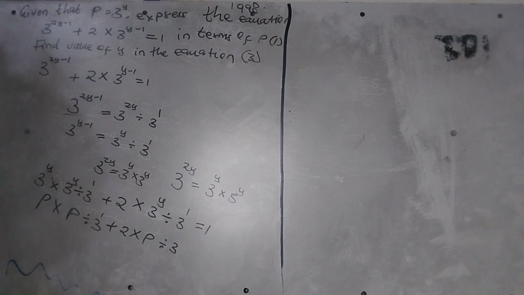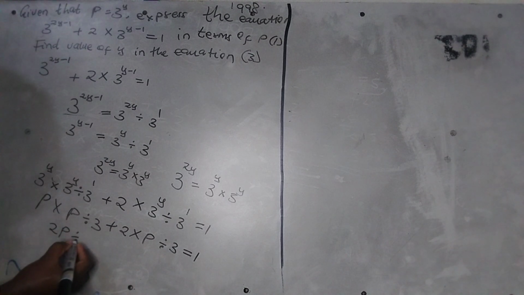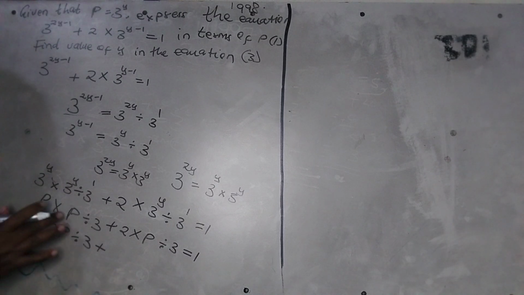3 to power 1: once you key in 3 to power 1 in your calculator, you will find that any number raised to power 1 is the number. So 3 to power 1 is the same as 3. Good. Is equal to 1. There are some multiplications, so we can choose to leave it in the simplest way possible. What is P times P?